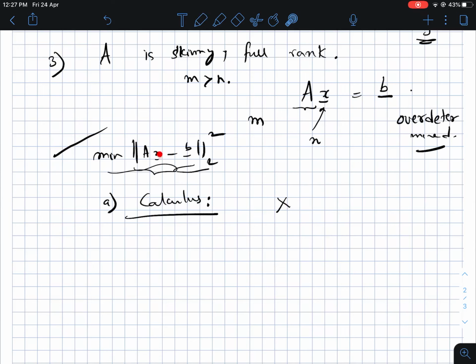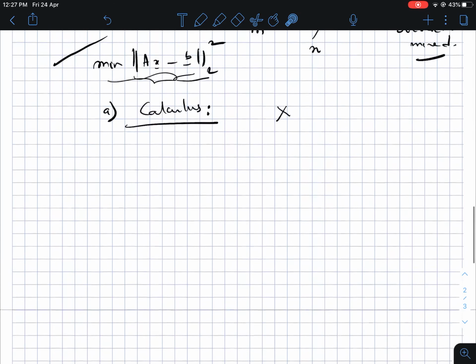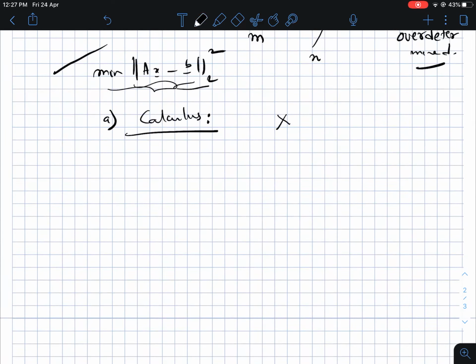The vector x has n variables, so you have to take the partial derivatives with respect to each of these n variables and set them to 0. Then you can find the optimum, and argue by computing the second derivative that it is a minimum. You will take this approach in another course, for example in optimization or basics of machine learning.